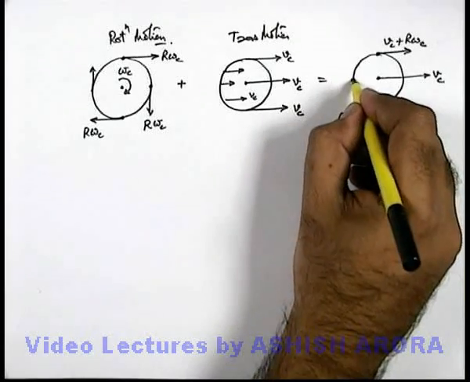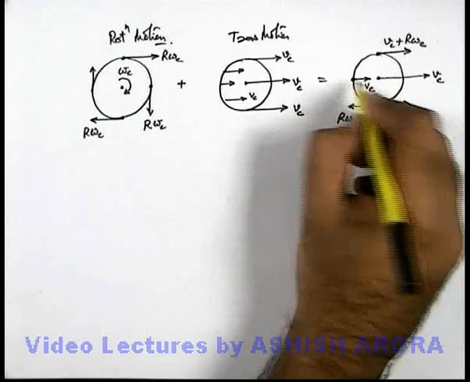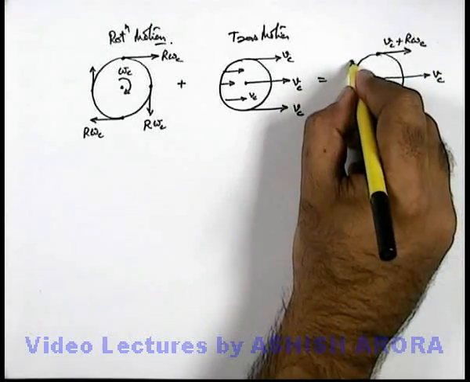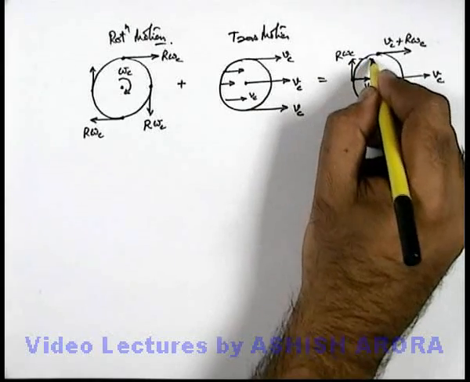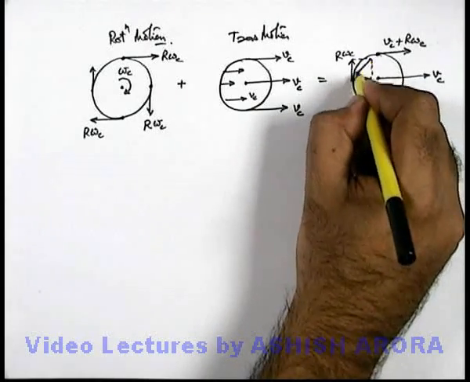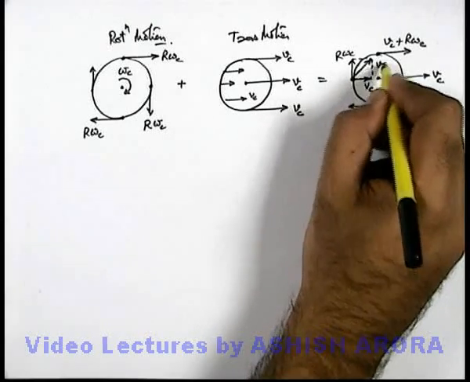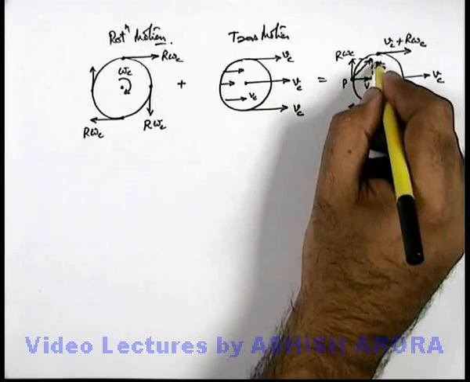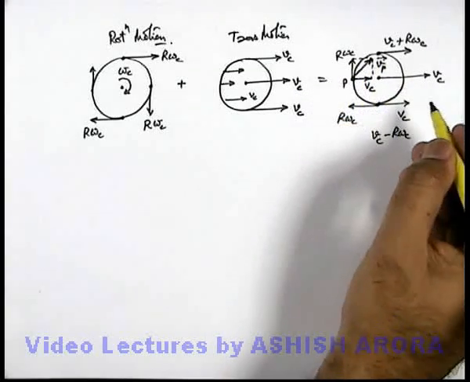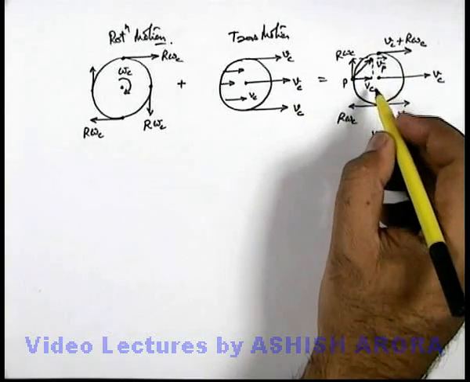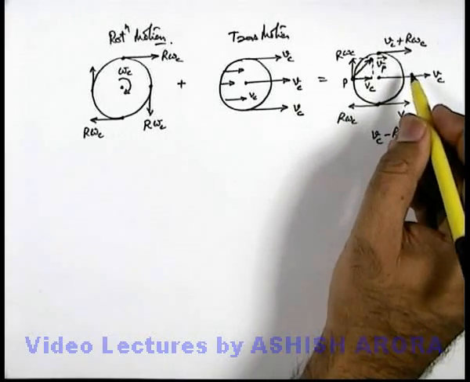If we talk about a particle at this position, it will have Vc in the forward direction and r omega c along the tangential direction. So the two velocities can be added vectorially. This will give us the velocity vector of the particle located at point P. So this will be the velocity vector. By vector sum we can calculate it, and in a similar manner we can find the velocity vectors of different particles.